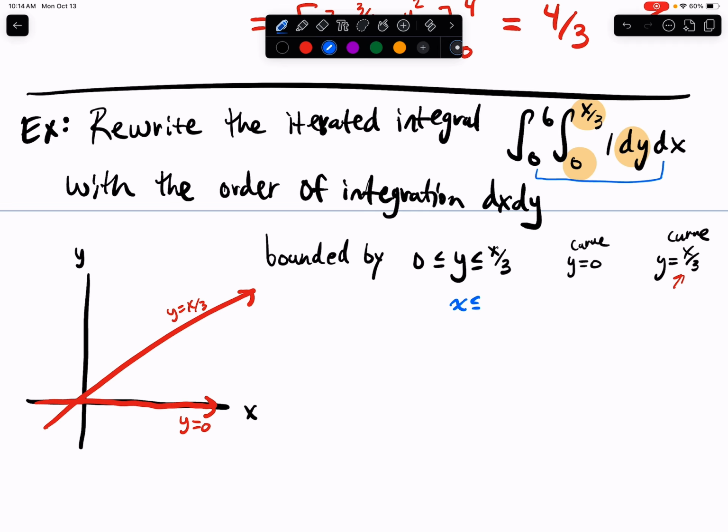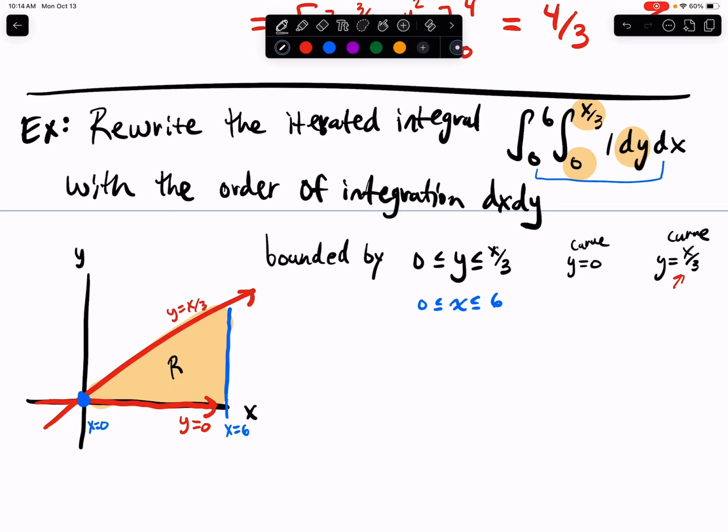So from x value 0 to x value 6. So the region is right here. So this is my shaded region right there. All right, that's my R.